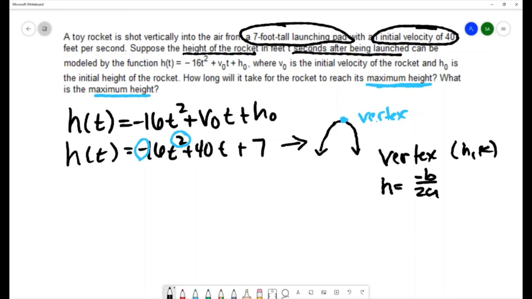We can find the y-coordinate of that vertex by substituting the x-coordinate into the function. So we would substitute negative b over 2a into our height function. So we'll find the vertex for this example.